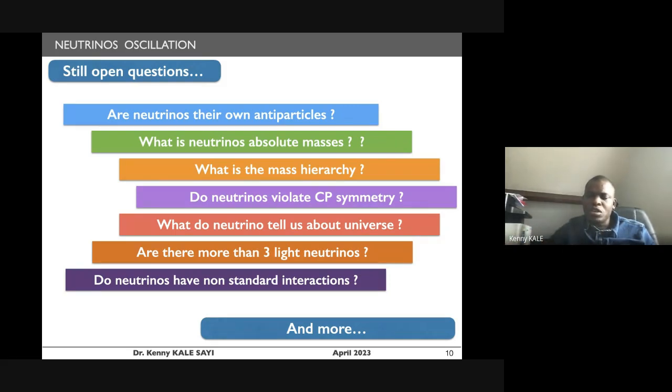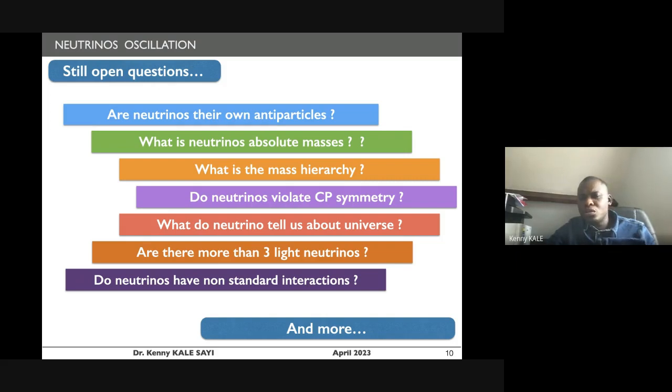The positron is just the electron which is positively charged. And this is what we call the antiparticle. But it seems it's still possible for neutrinos to be their own antiparticles, but we don't know yet. We have to check. We have to find out.